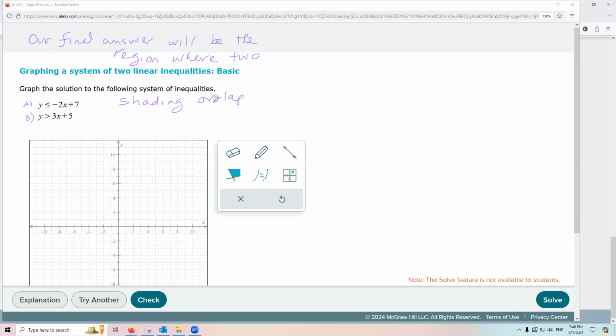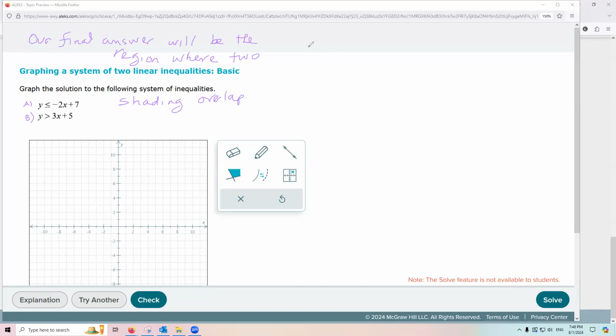Because we're going to be shading in one side of the line for inequality A, and we're going to be shading in one side of the line for inequality B. Where you see those two shadings overlap is the region you want to shade in as your answer for this problem. All right, so let's get started.